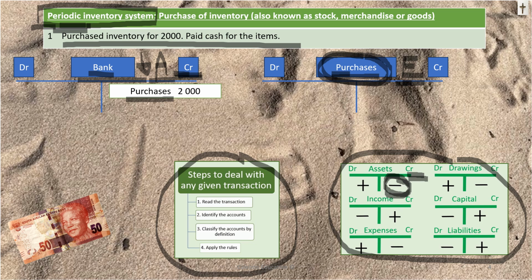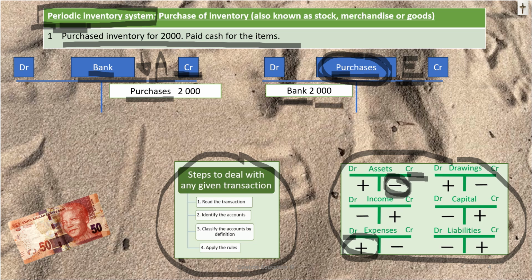Purchases, which is an expense, gets debited because our purchases expense has increased, and the rule says an increase in expense, the account must get debited. And then we write the name of the contra account, which is bank, and the amount is 2,000.